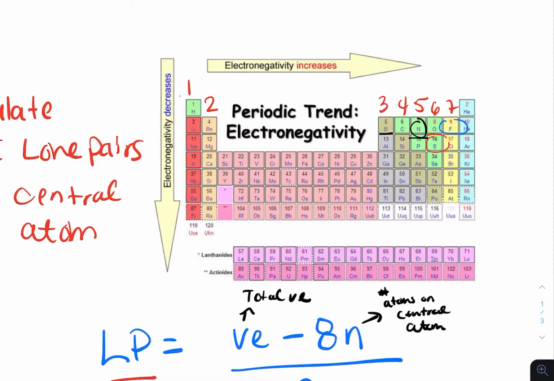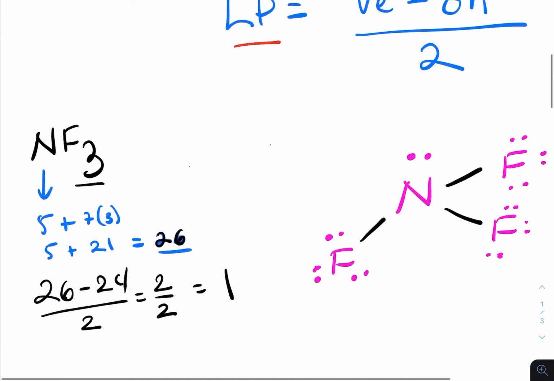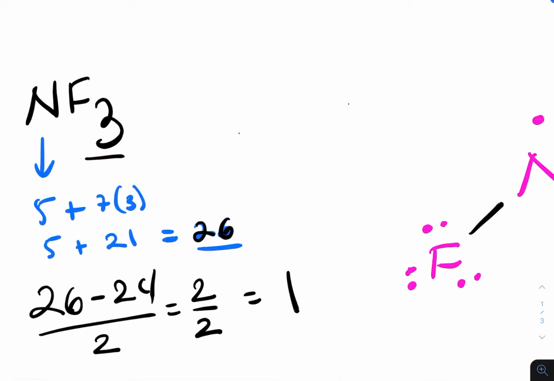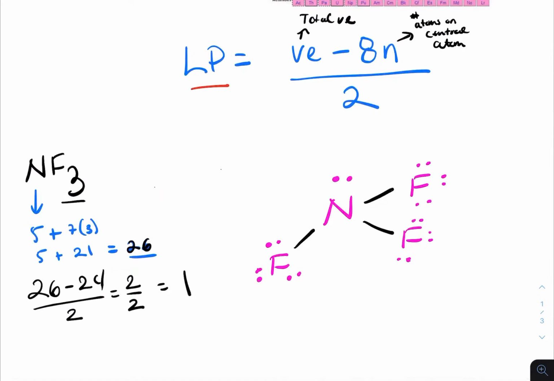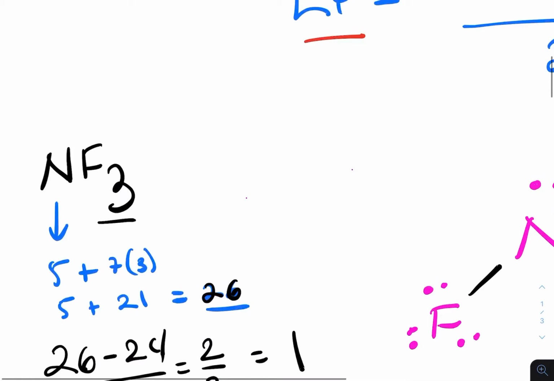It's a halogen, but there are 3 of them, so we need to multiply. 7 times 3 is 21. 5 plus 21 is 26, so that's the total number of valence electrons. So we have 26 here minus 24. 24 is referring to the 8n, 8 being a fixed number, and n is the number of atoms connected to the central atom.